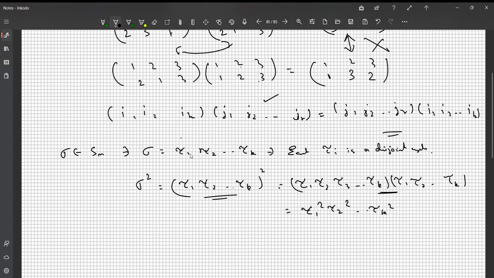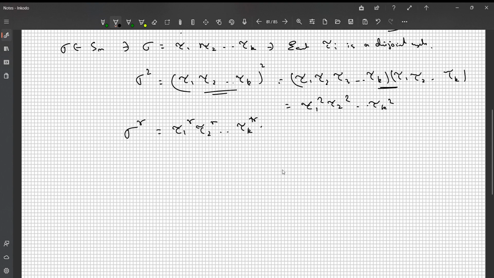You can associate these two elements, commute them, then you can associate tau 2 with tau 2 and then again commute them. So you will get tau 1 squared, tau 2 squared till tau k squared, right? On a similar notion, by induction, you will obviously achieve that sigma to the power r will be nothing but tau 1 to the power r, tau 2 to the power r till tau k to the power r. Clear?